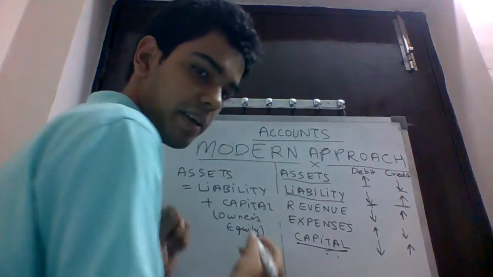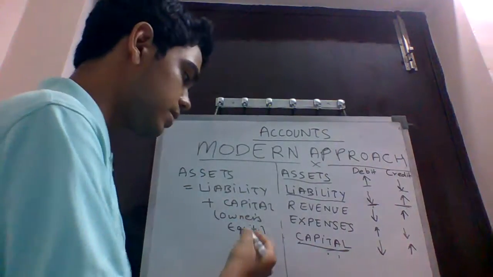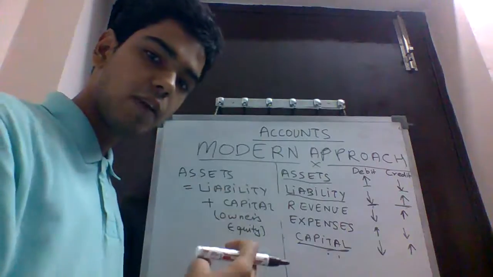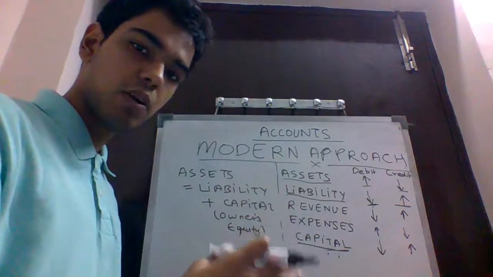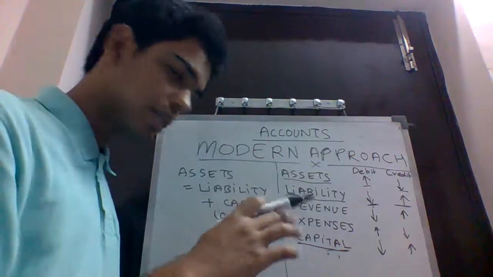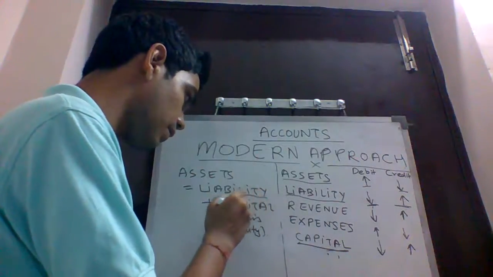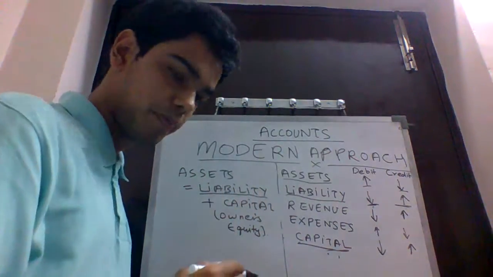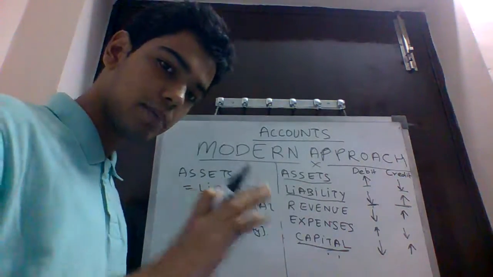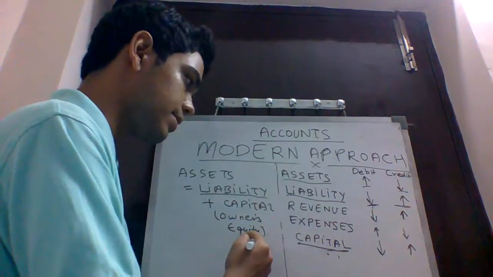That is owner's funding. Owner's equity means owner's funding, that this owner has himself invested without taking loan from outside. The loan which is taken from outside and invested in the business is covered under liability. So capital is himself invested by the proprietor in the business and has a credit balance.